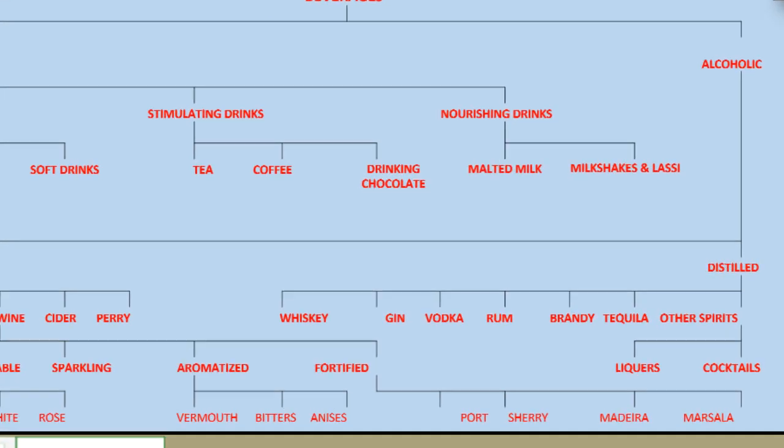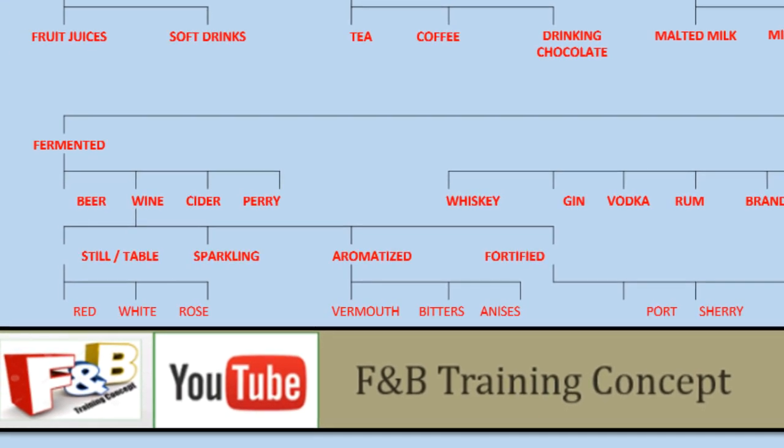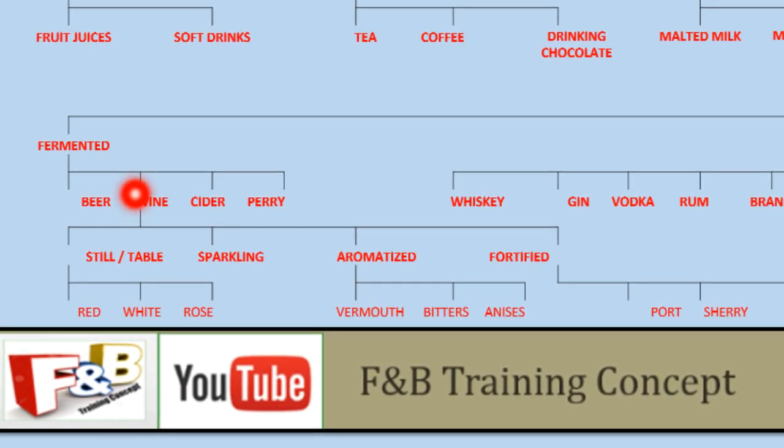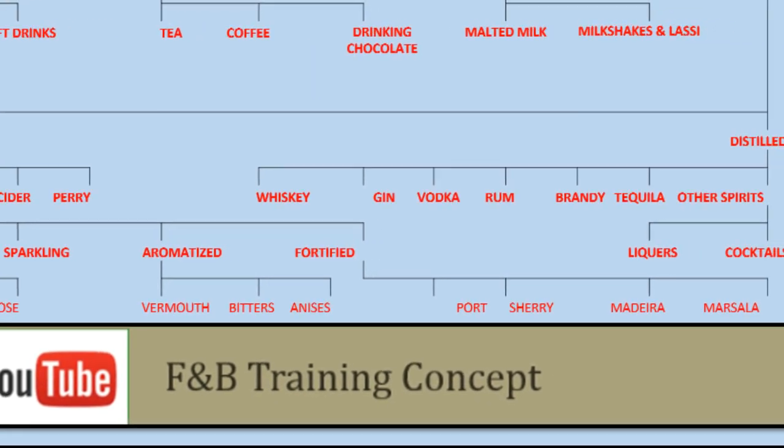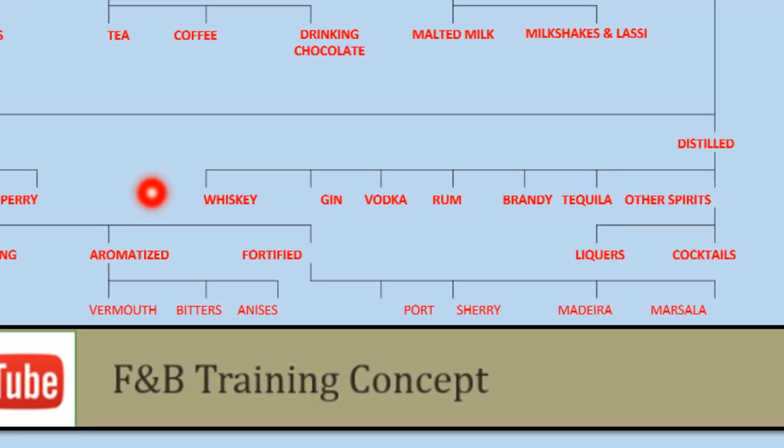Okay, we'll go again to our chart and see what we have. So we've spoken about wine classification. The classifications were table wines, sparkling wines, aromatized wines, and fortified wines. In the next slide, we're going to look at aromatized wines, and under them you're going to look at vermouth, bitters, and anise.